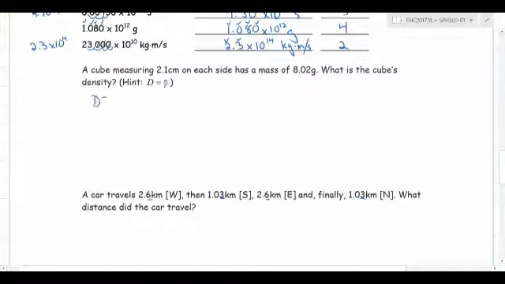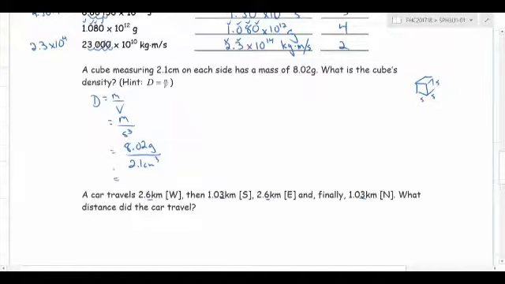So density, of course, is mass over volume. But if I've got a cube, then all the sides are the same. So that's going to equal s cubed. So it's going to be mass over s cubed, which we have the mass, which is 8.02 grams, and I've got 2.1 centimeters all cubed.